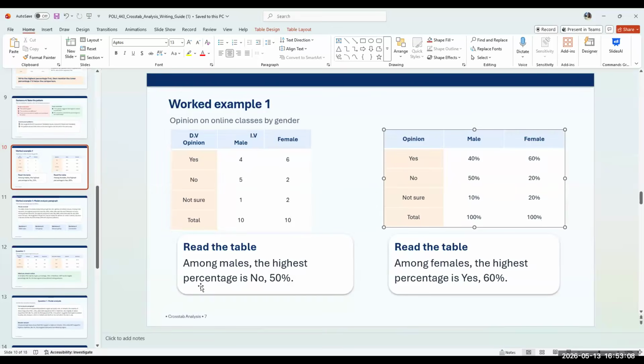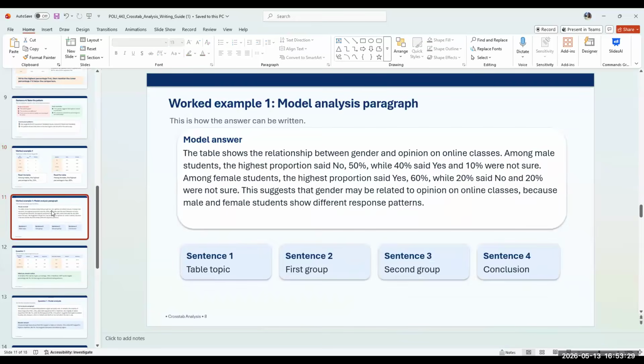So now we're about to read the table. Among the males, what you see is that the highest percentage is no, which is 50%. Then among the females, the highest percentage to say yes was 60%. Right?